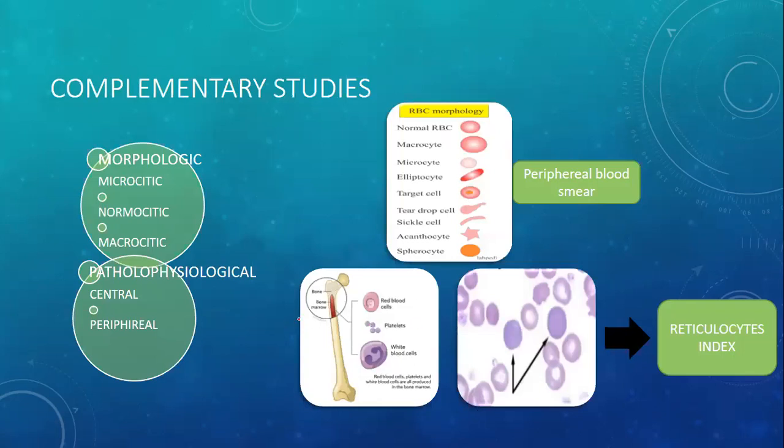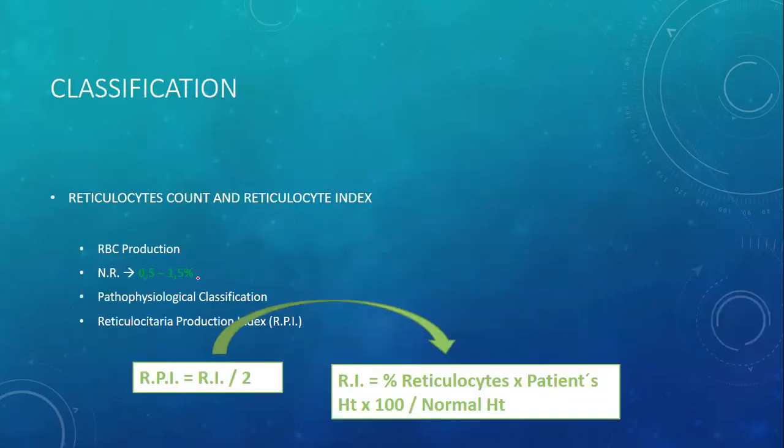So as I was saying, what do we have to do when we want to use the pathophysiological classification? We have the normal ranges. Well, we have the reticulocyte count and the reticulocyte index. It tells us the red blood cell production. Why? Because reticulocytes are the previous step for a mature cell, right?